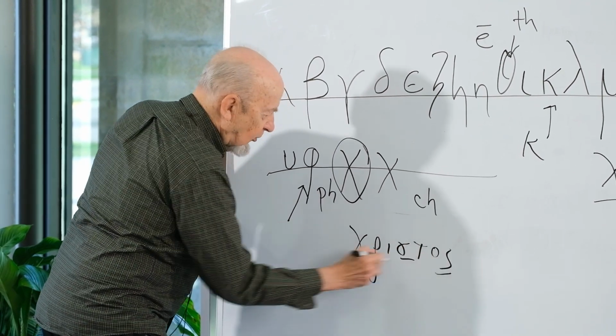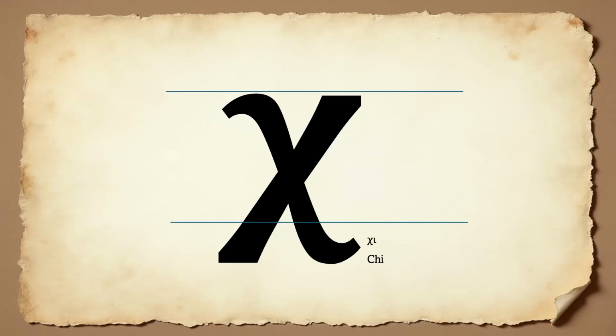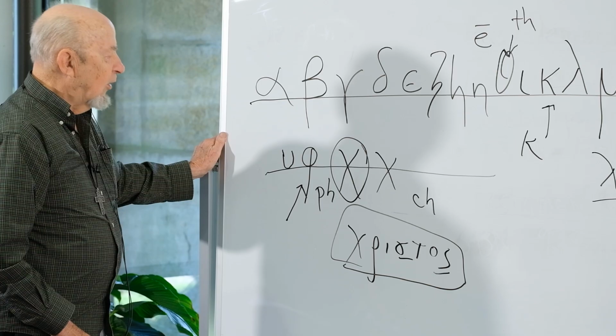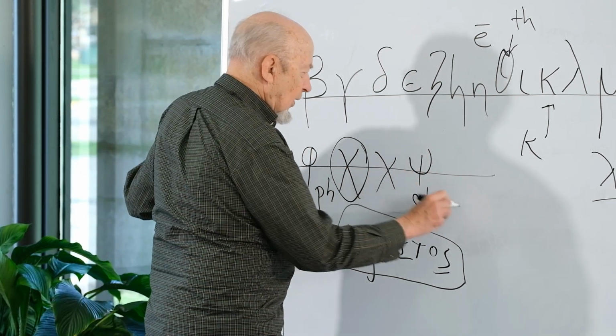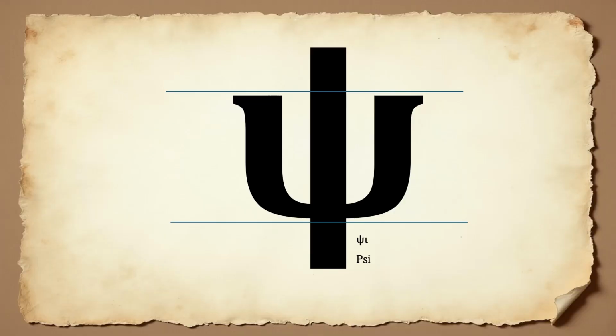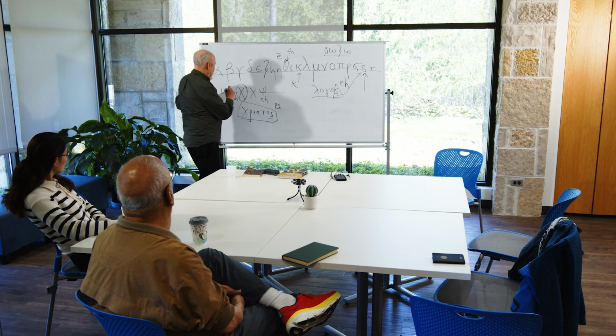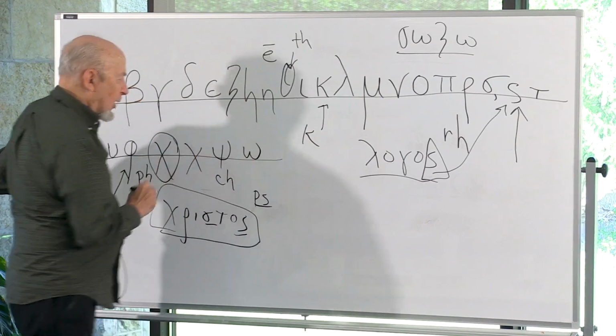There's both sigmas in the word for Christ, beginning with a chi. Then psi is PS, as in psychology.